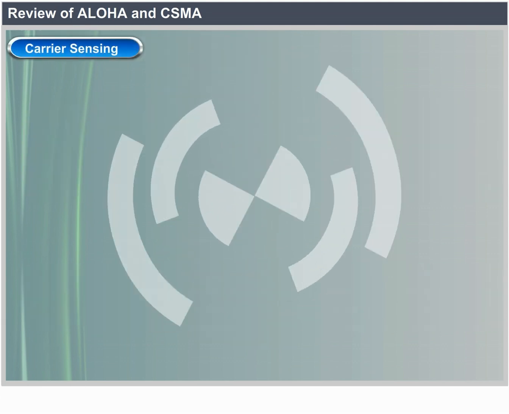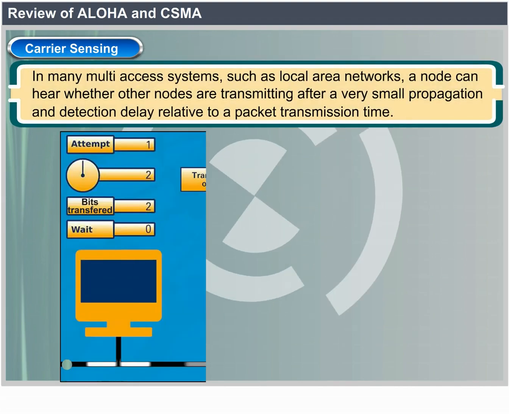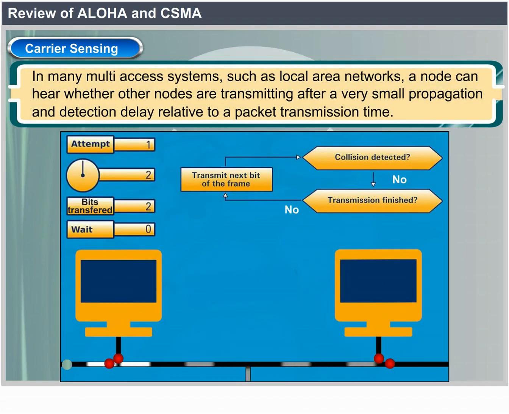Carrier sensing. In many multi-access systems such as local area networks, a node can hear whether other nodes are transmitting after a very small propagation and detection delay relative to a packet transmission time.